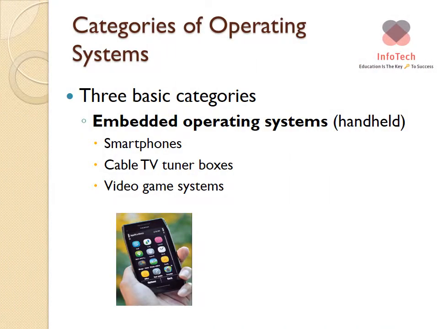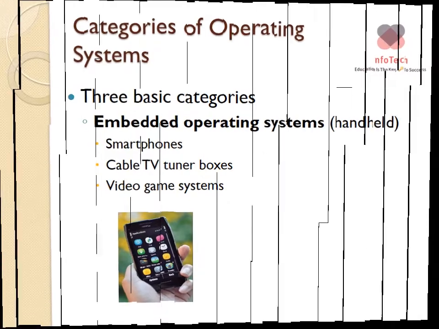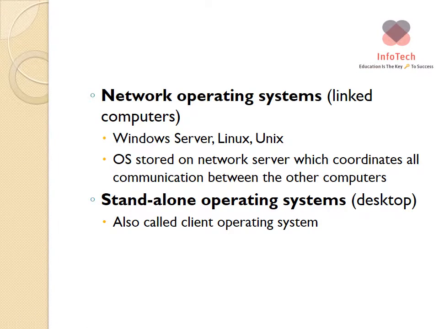Categories of an operating system. Now, there are three basic categories. Your embedded operating system, which is your handheld. So that includes your smartphone, your cable TV set-top boxes, and video game system or your video game console. Network operating system.